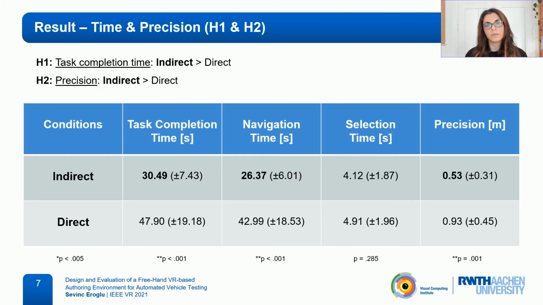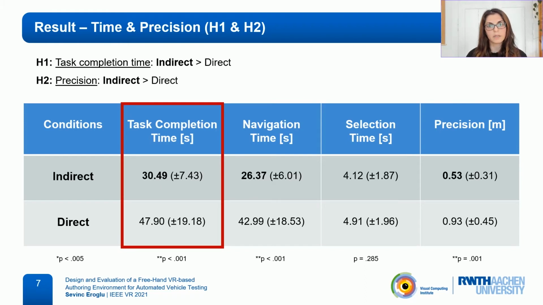Based on the results, we found a significant difference in the task completion time, and indirect outperformed direct in terms of speed. Thus, we can accept our hypothesis 1. For task completion, we recorded the time that they spent on selection and navigation individually.